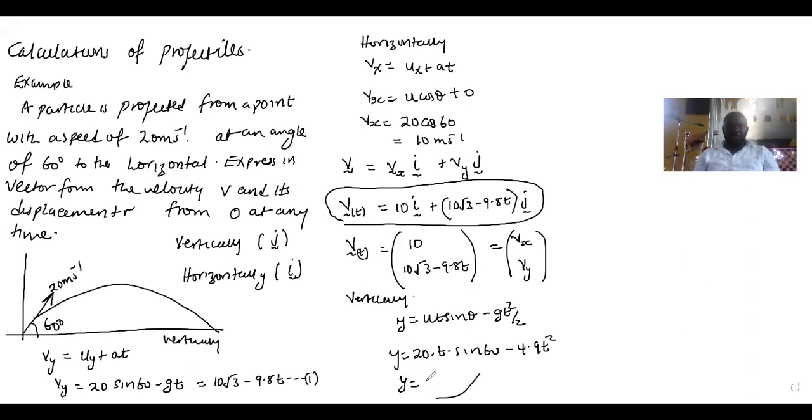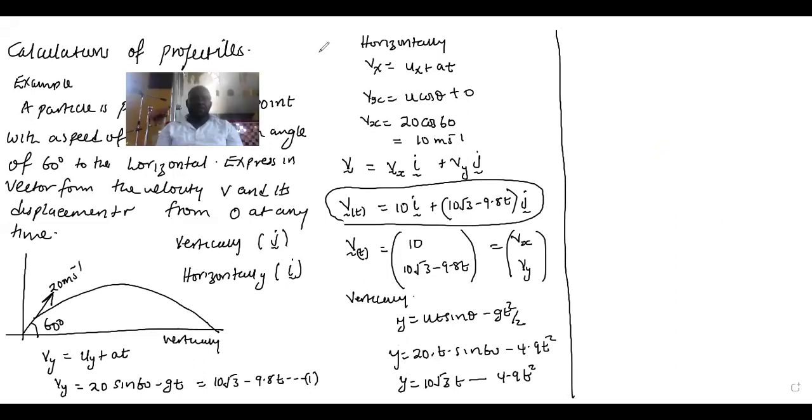So y is actually 10 root 3 t minus 4.9t squared. It is from here that we have got the vertical displacement. Then we can also get the horizontal displacement, because in vector form, you have to have both vertical and horizontal.